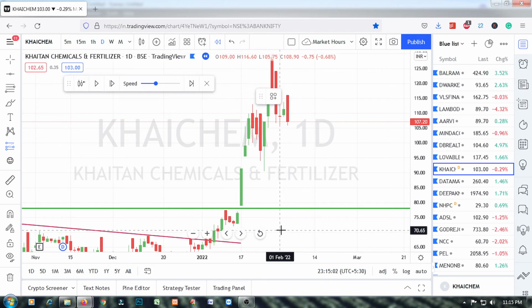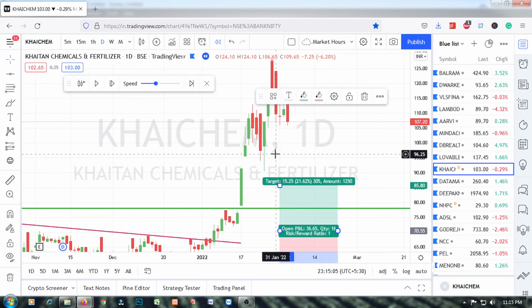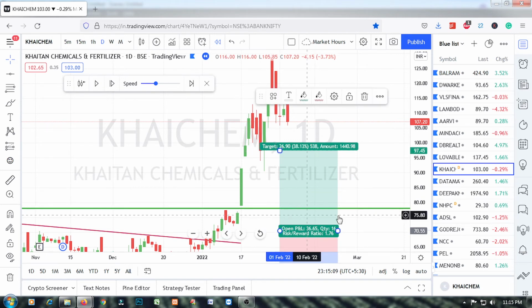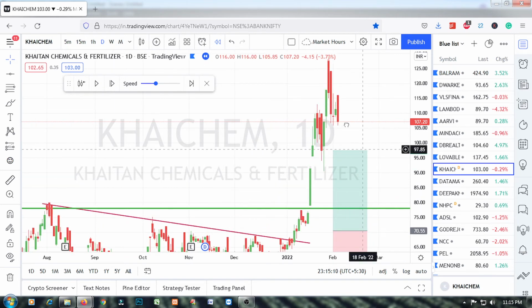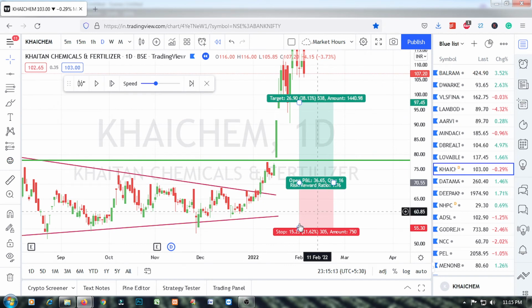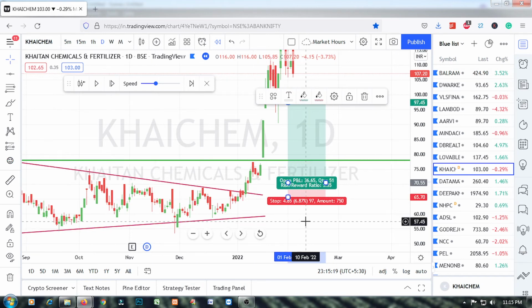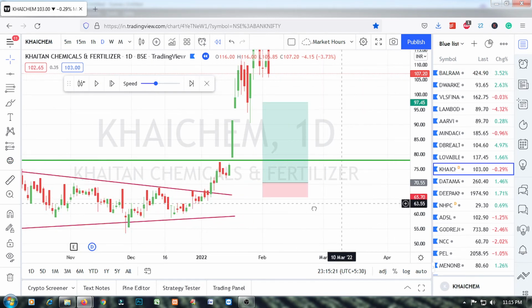The risk reward ratio is very good, even though you have exited at 97.45. Stop loss is just below this candle, and see the risk reward.